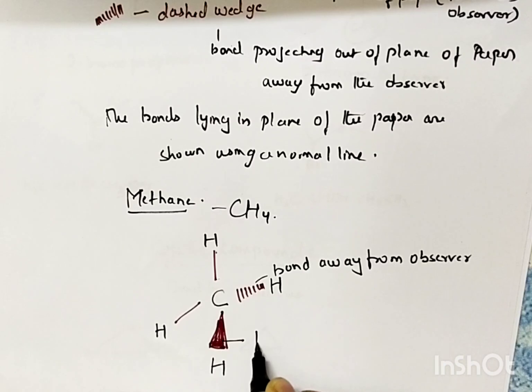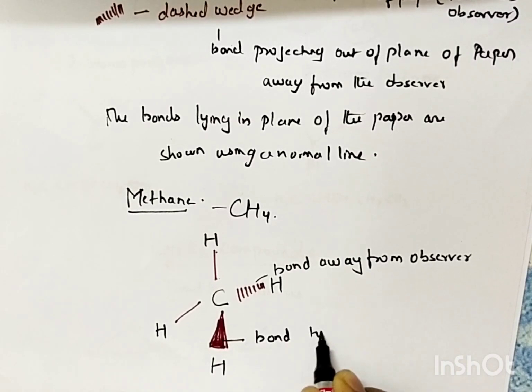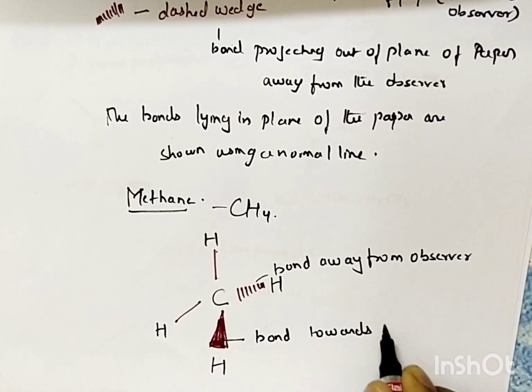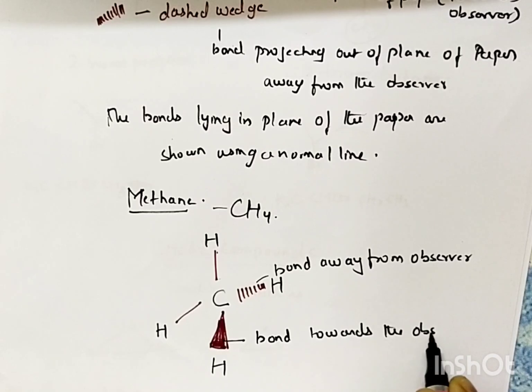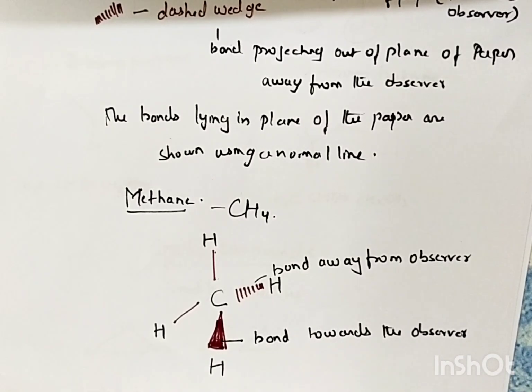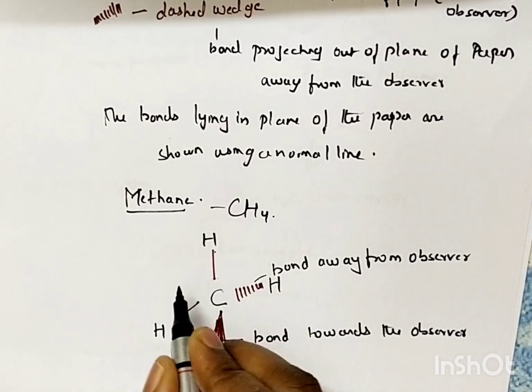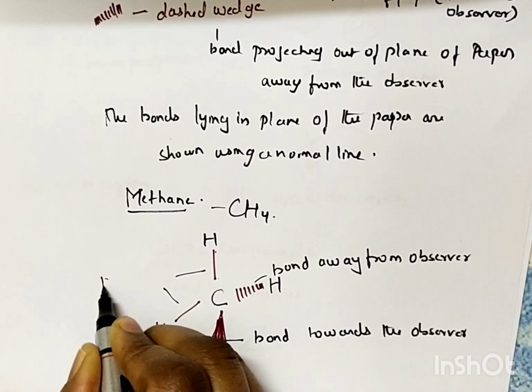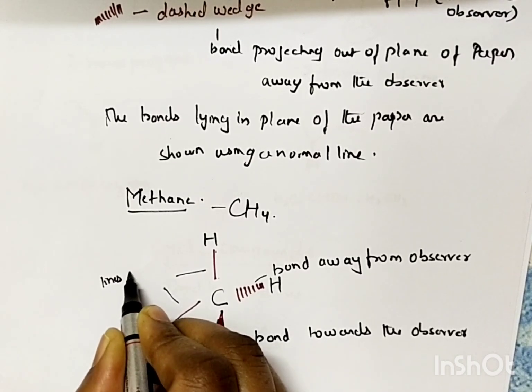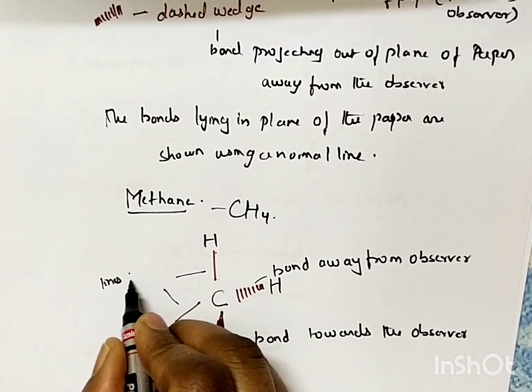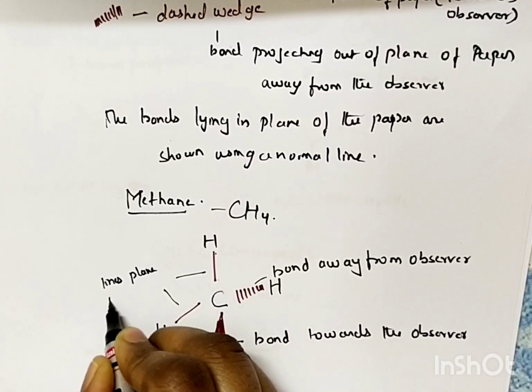This bond is towards the observer. Observer means the person who is looking, and these are the lines in the plane of the paper.